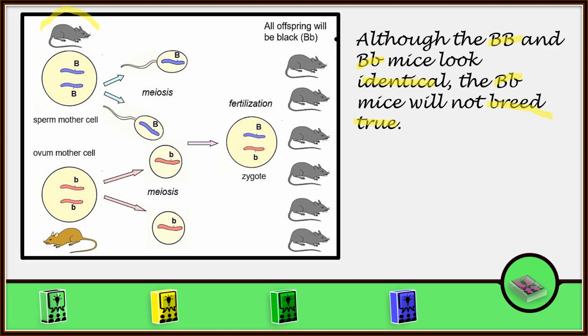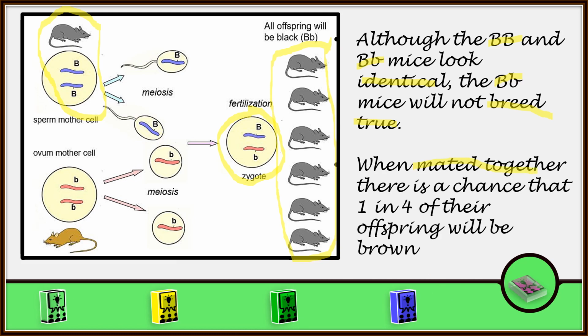Now, when you look at this rat here, this rat has got a genotype of capital B capital B. And all these rats we have here have got a genotype of capital B small b, which means that capital B capital B, which is this one, is a black mouse, and looks identical with capital B small b. But the capital B small b, these ones, will not breed true, meaning that when you cross them, they will produce some mice which are brown in color.